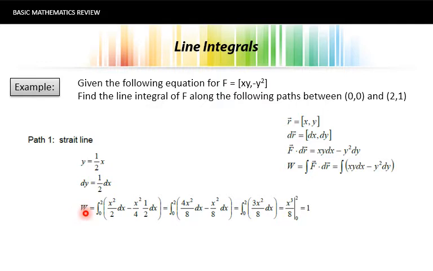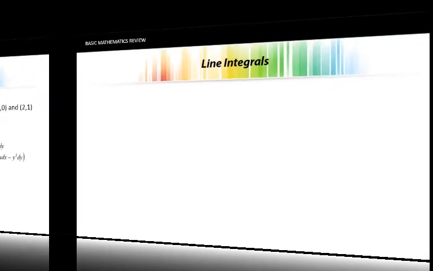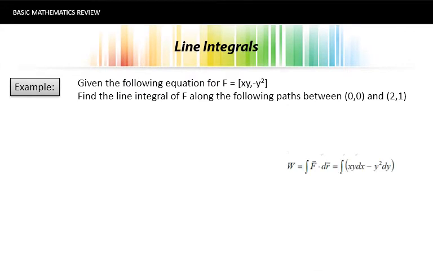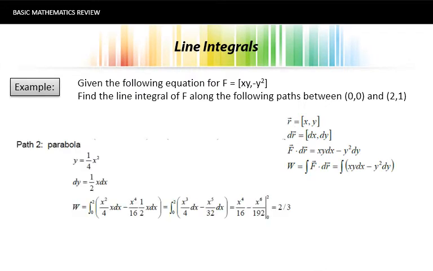If I write the equation f·dr, it takes the following form, and the final integration is equal to 1. Let's consider a second case of computing this integral along a parabola given by this equation. If we do that, we find an answer of 2/3.